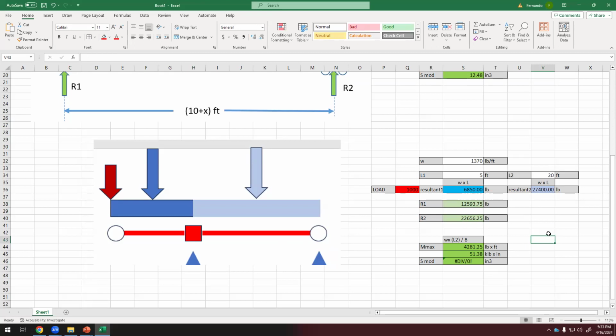And yep, we don't have yet the maximum moment because that will be different, but we'll figure it out.